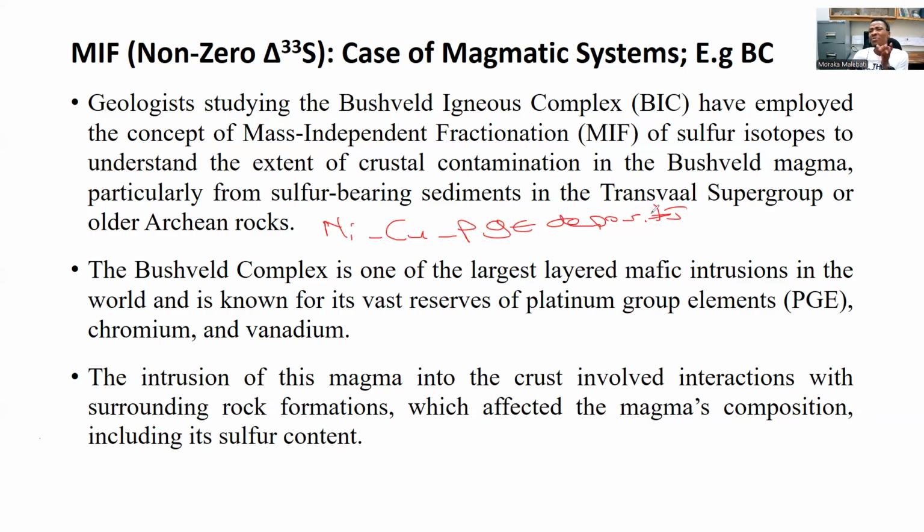So these isotopes are specifically sulfur, oxygen, and radiogenic isotopes. But today we are looking at sulfur isotopes, so they will tell us much about the magma-country rock interaction.